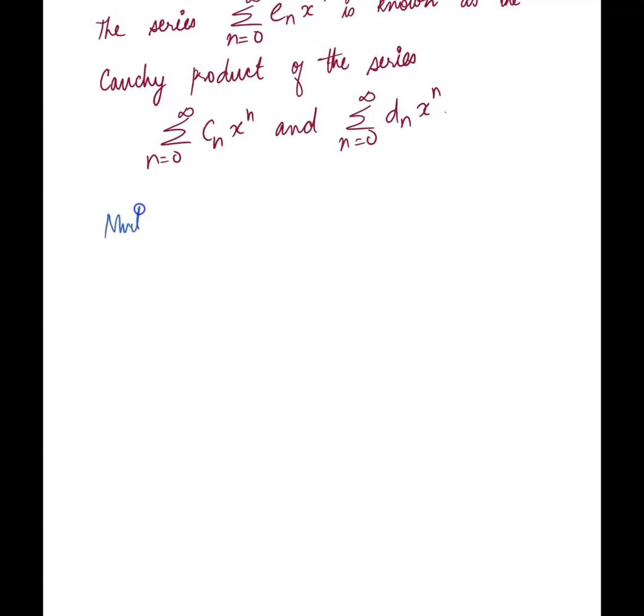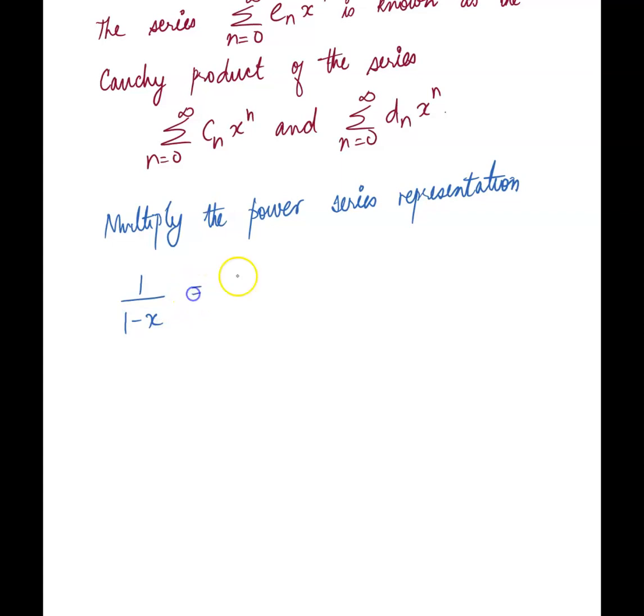Multiply the power series. I should say power series representation. So we have 1 over 1 minus x, which is summation x power n. We've seen this so many times now. But this is the problem, so we're expanding it for us.